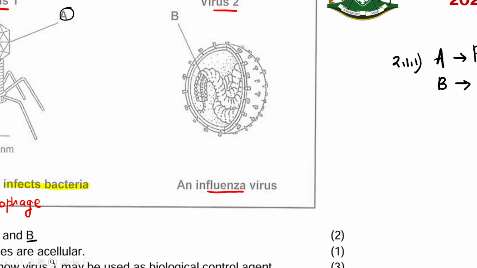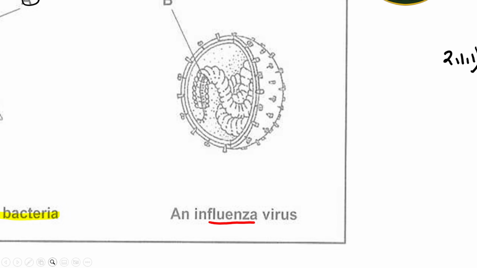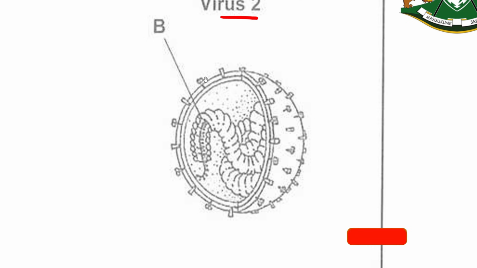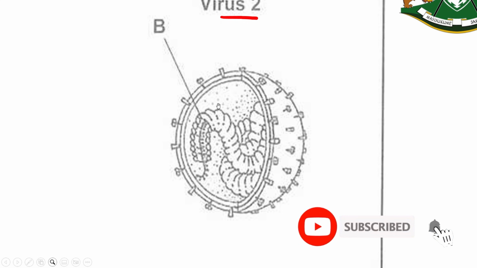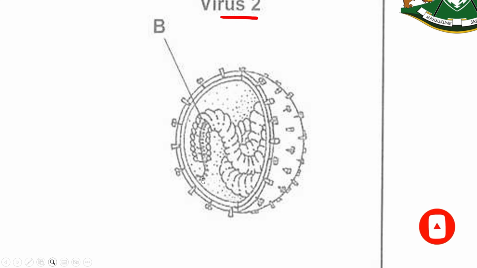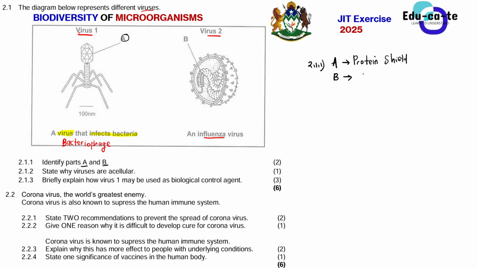If we zoom in a bit, you can see that this structure B is the coat that is enclosing the genetic material of the virus. In a typical virus, we say that the protein coat is known as the capsid. So we don't use the word protein coat, we use the word capsid.